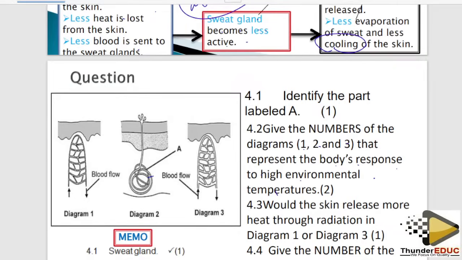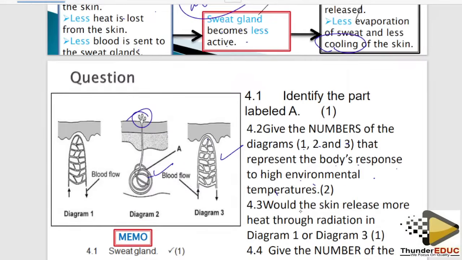The only thing you know is active or not active is by looking at the amount of sweat which is being produced. So on the hot day, it is going to be this and this, because here they check the blood vessels. These ones are wider compared to this. You see, they are wider. Check this size.